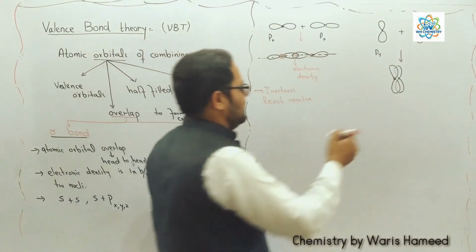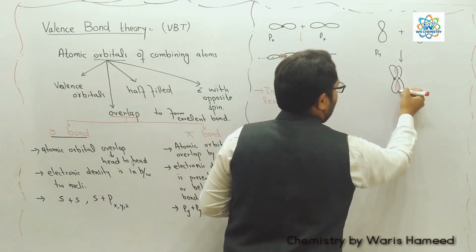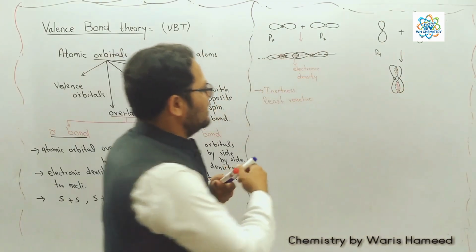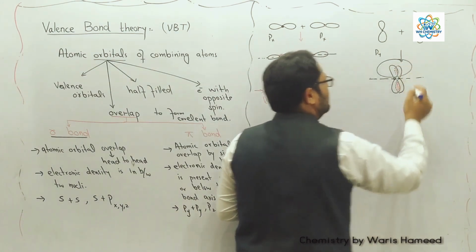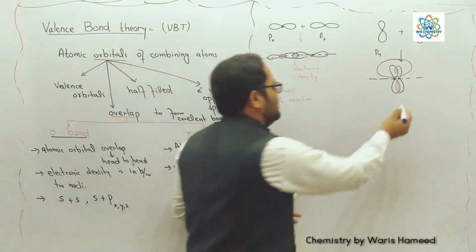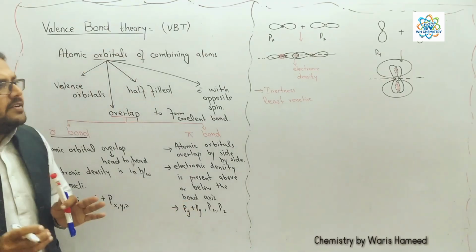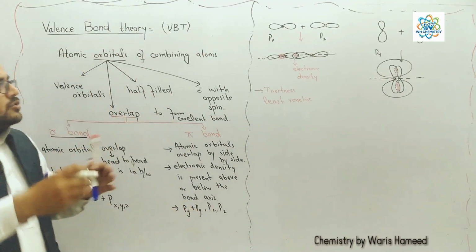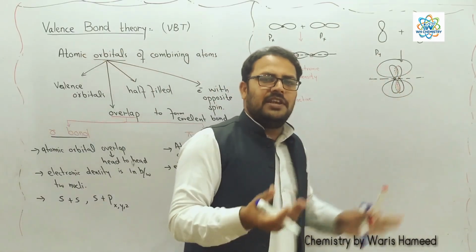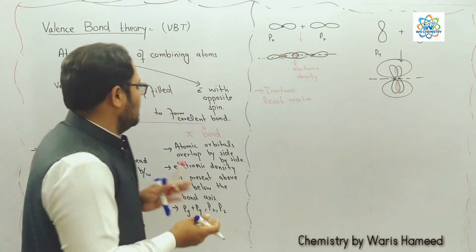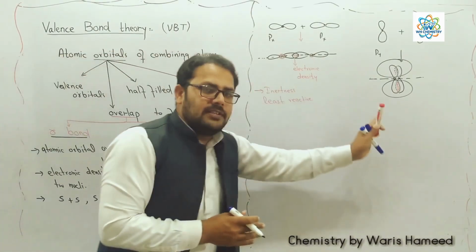Now you can clearly see that this part of these orbitals is being overlapped, and here is the bond axis, and electronic density is present above or below the bond axis, and any electron-loving species can reach these electrons. So we can say that sigma bond is inert and pi bond is reactive. Or in other words, sigma bond is a strong bond and pi bond is the weak bond.